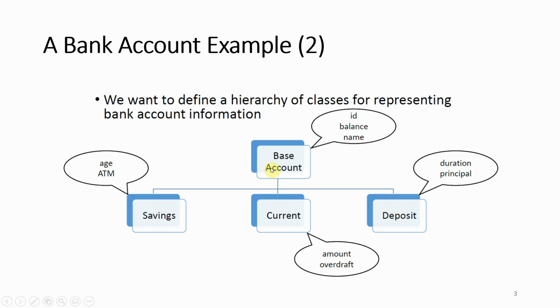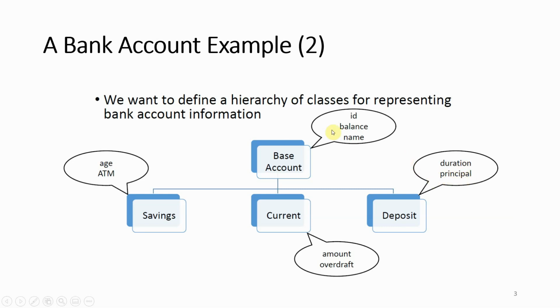Here you have age and ATM number, for example, or for the checking account, you might have the overdraft amount, and for deposit, the duration and the principal balance.